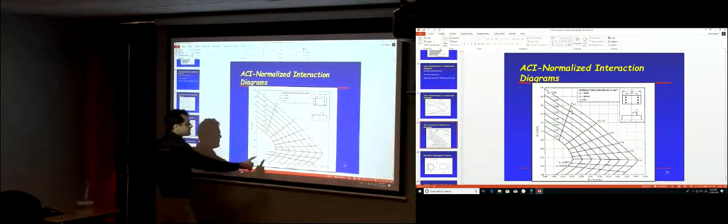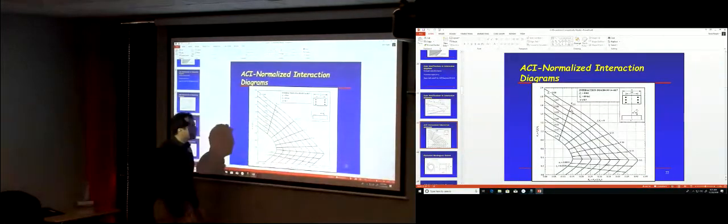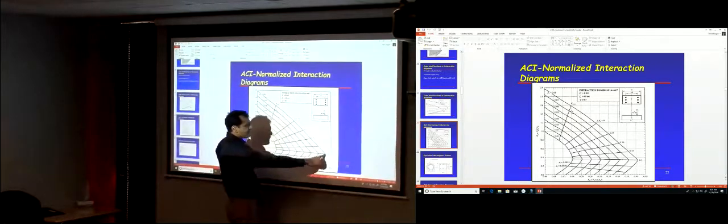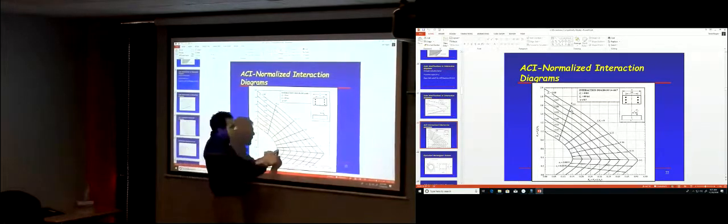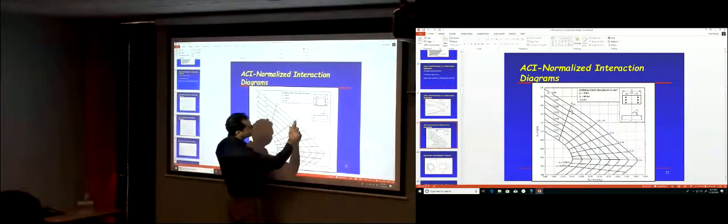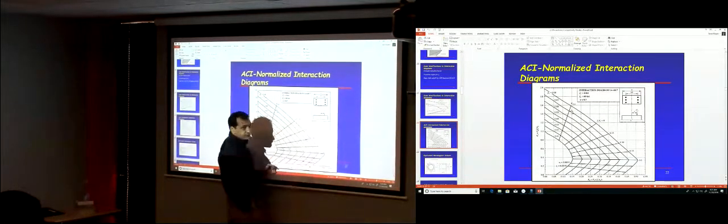What are those lines? Let's see. This point over here is the balance point. As you see on those lines, there is a notation, a number given. It's fs, the stress in the tensile steel, divided by fy.